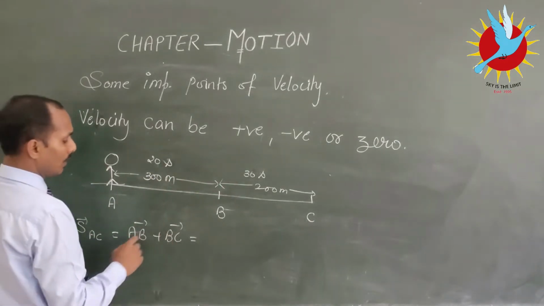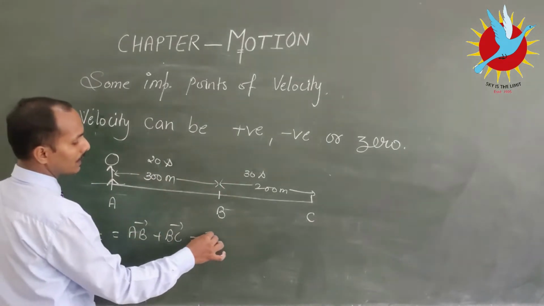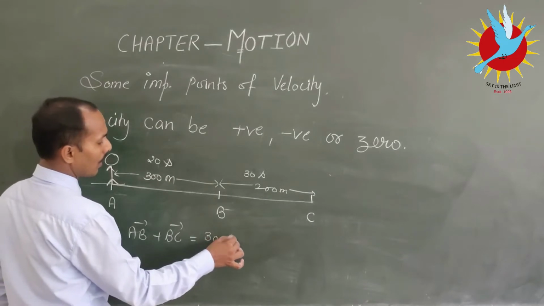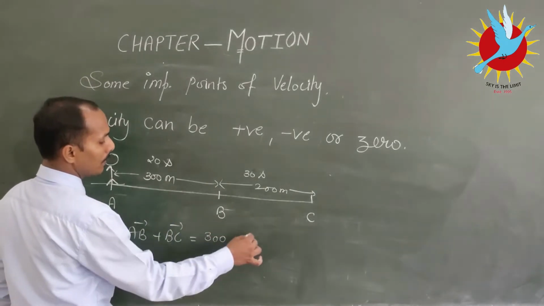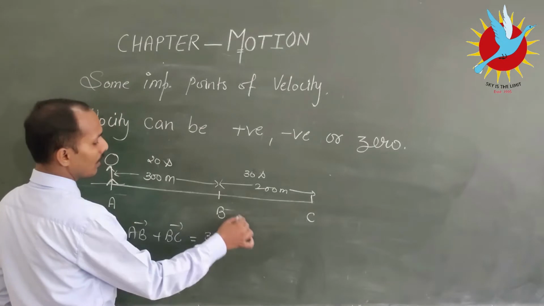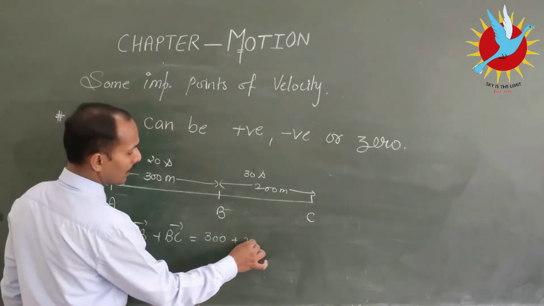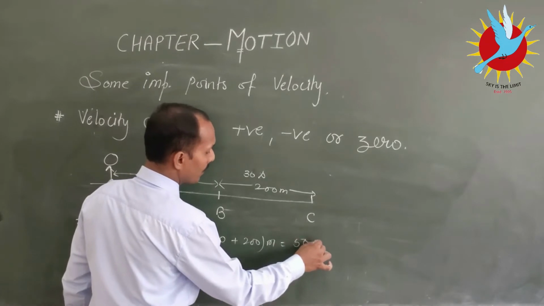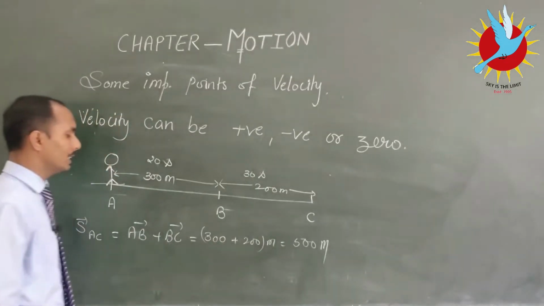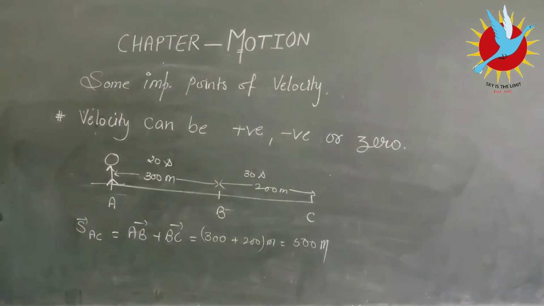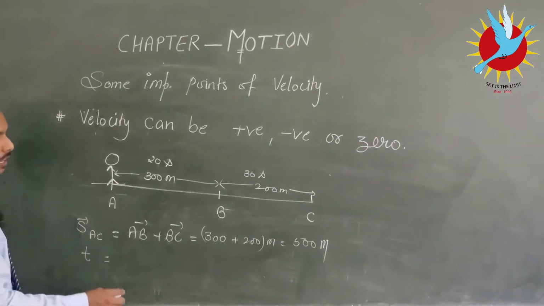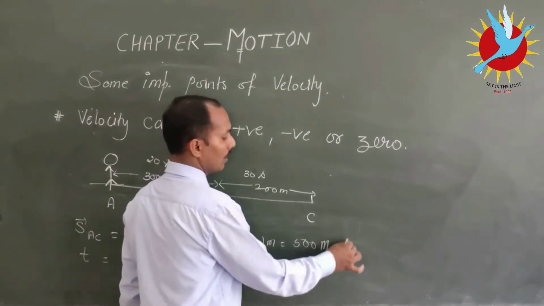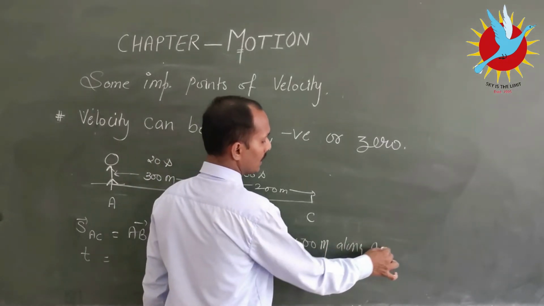AB is 300 meter along east, plus BC is 200 meter, so its value is 500 meter along AC.